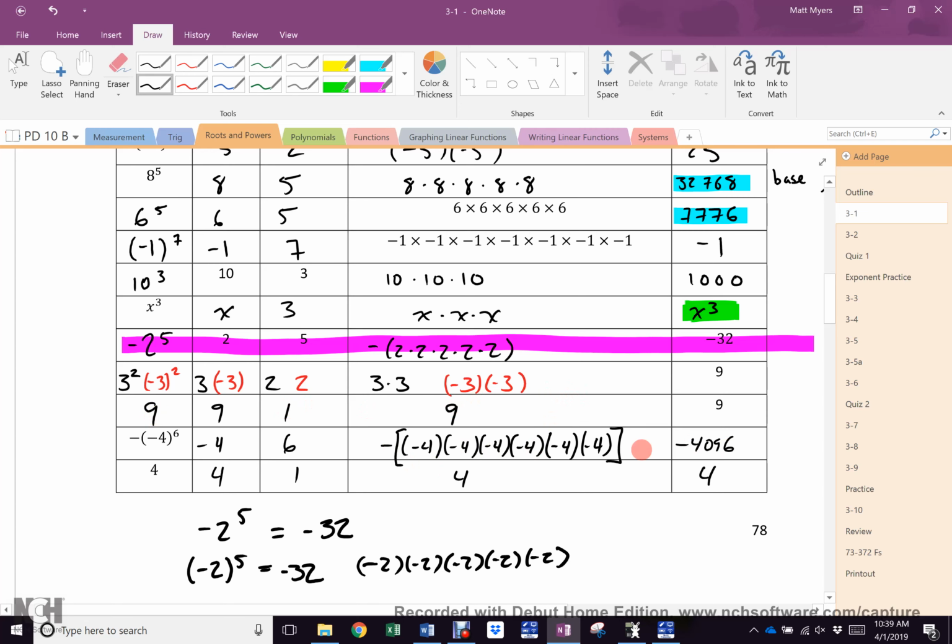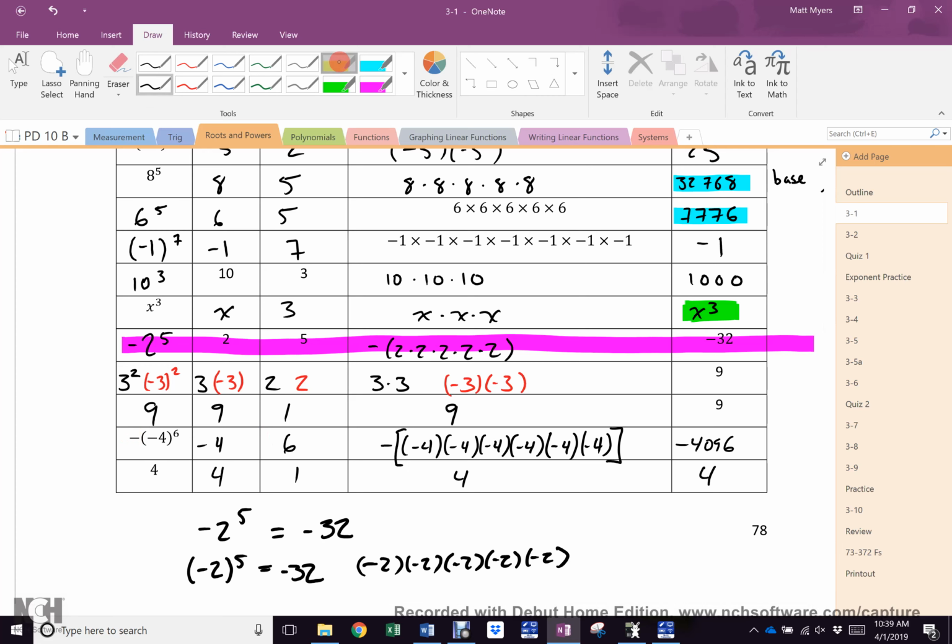And then this one always causes trouble because of the double negatives, right? The negative repeats how many times? 6, which is an even number, right? So the answer is positive, 4,096. But what does that negative tell you?